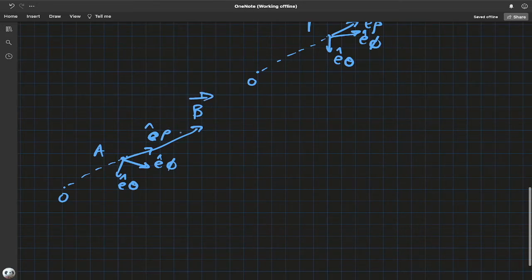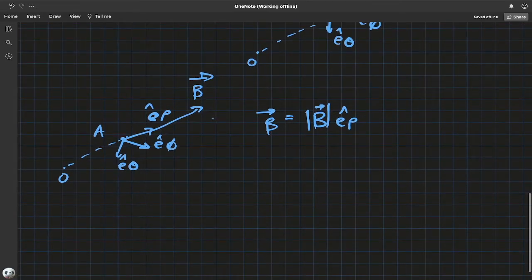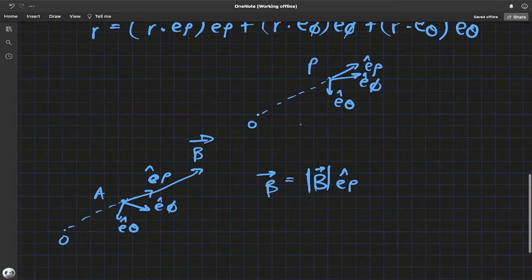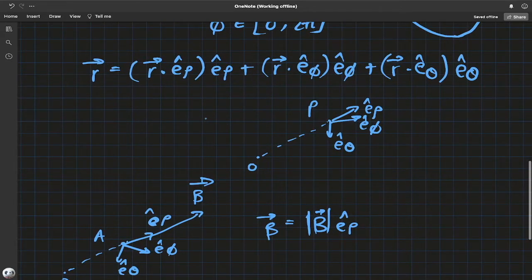So take the projections basically, and you'll get the components of B in this spherical system. The way I've drawn it, unfortunately, just tells me that B is purely in the e rho hat direction. So in this case, it will just be this, because B is entirely in the rho hat direction.